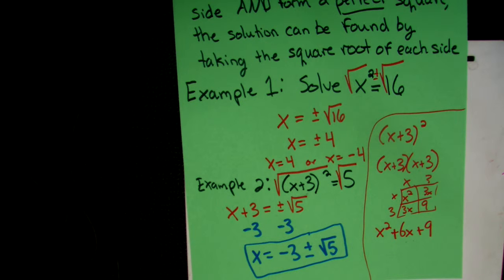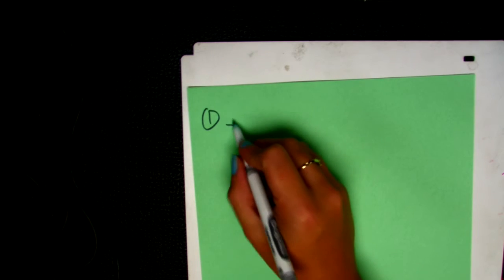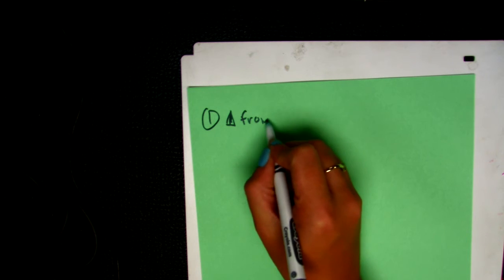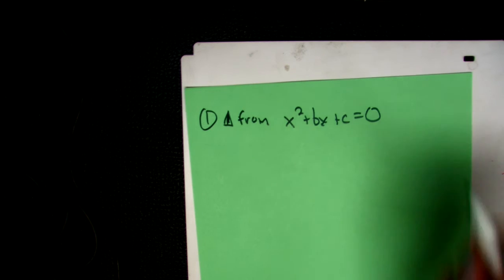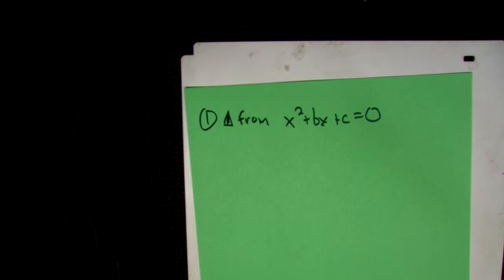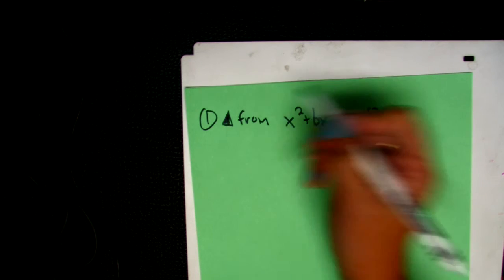So the first thing we want to do is, in our general equation, we want to change it from the standard form. So you're going to change from x squared plus bx plus c equals 0. And we're going to isolate our variable terms, because remember we want only our variable terms.